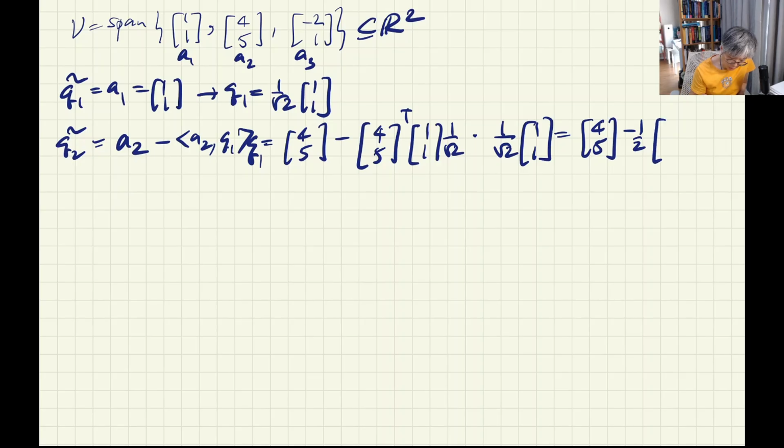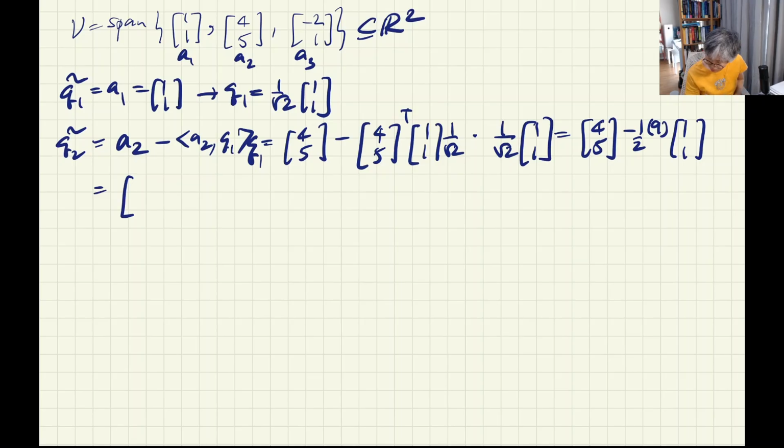Let's compute the value. What is the inner product of these? The inner product is 9, and with the 1 over square root 2 twice, that gives 1 half, and then (1, 1). So the result is this vector.